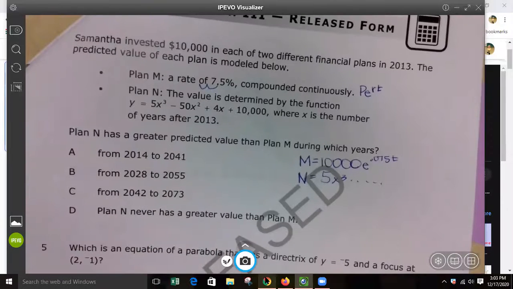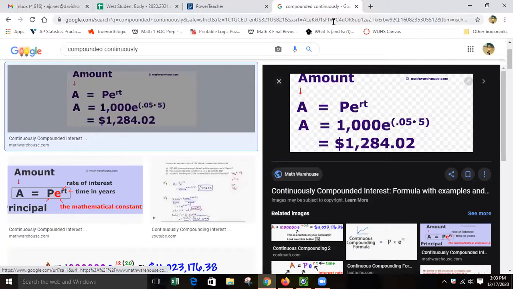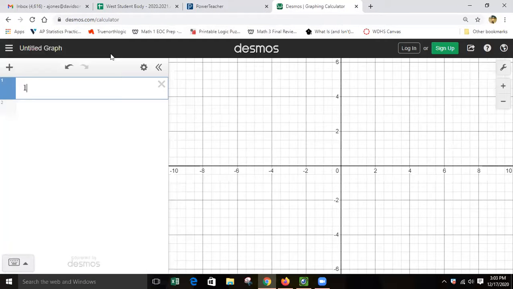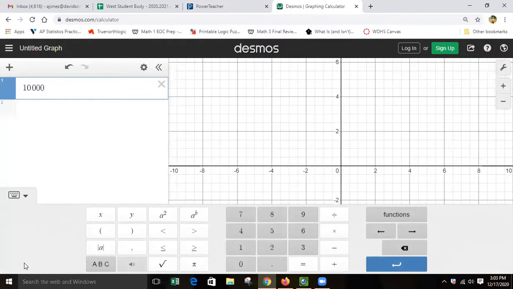Hold on, let me see. I'm going to try to do it in Desmos. 10,000. I don't see the little e, but I think I can put it in. E to the 0.075, I have to put a parenthesis, sorry, 0.075 x.